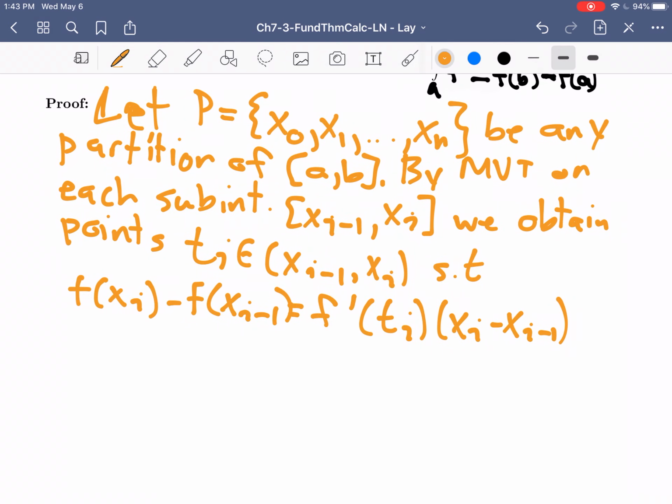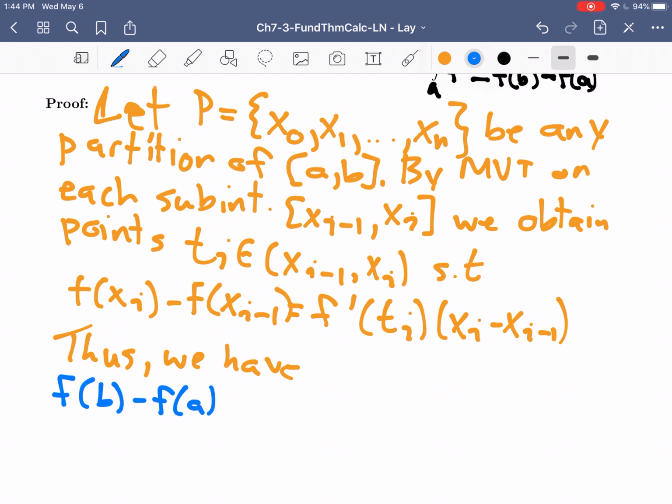So we have that f of b minus f of a is equal to the sum from i equals 1 through n of f of x sub i minus f of x sub i minus 1.